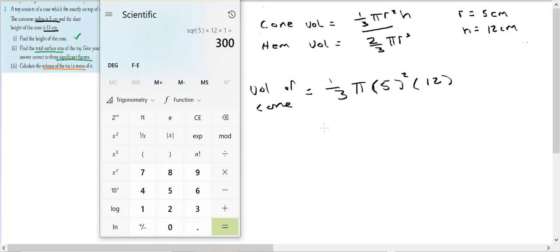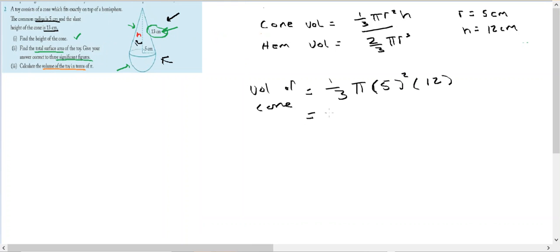So this is going to be equal to 300 pi divided by 3. So we've multiplied this by this by this, and then this is all going to be divided by 3. So 3 will go in there once, 3 will go in here 100 times. So that's going to be equal to 100 pi.